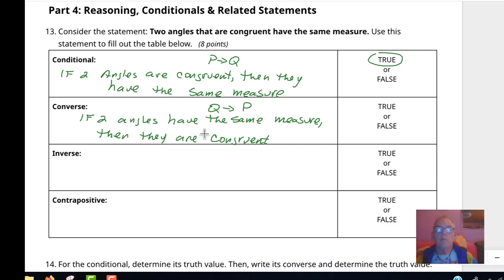And this is also a true statement. That's a true statement also.